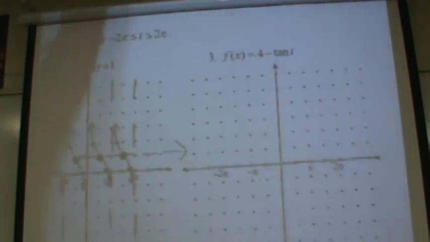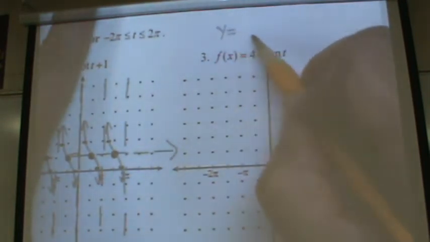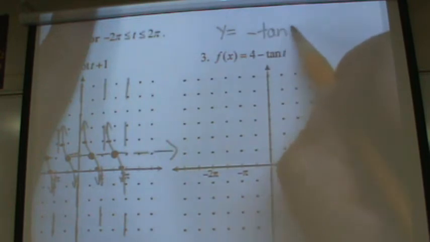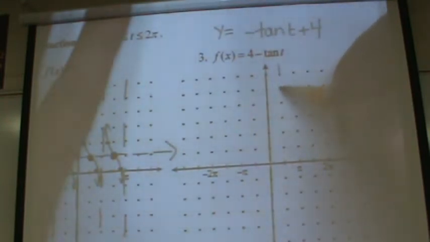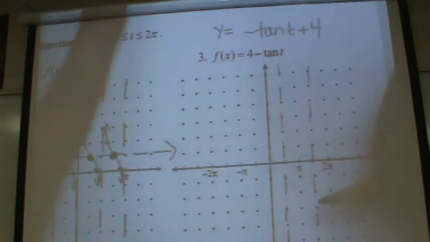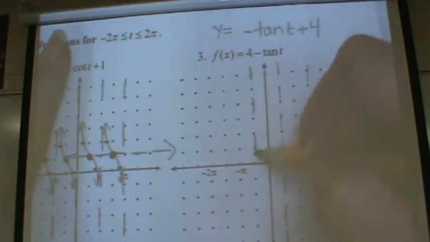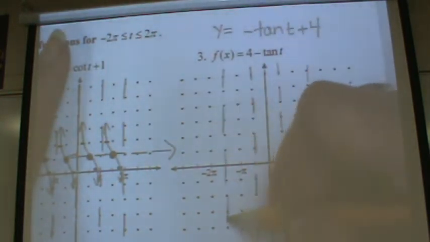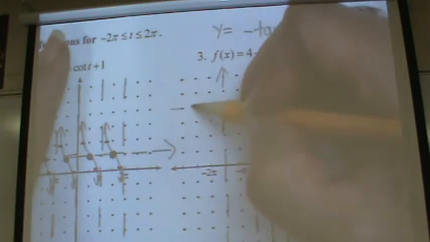Okay. Number 3. How do you rewrite this problem? It's a tangent graph, so your asymptotes are still at pi over 2, 3 pi over 2. And your new x-axis is where? 4 up.